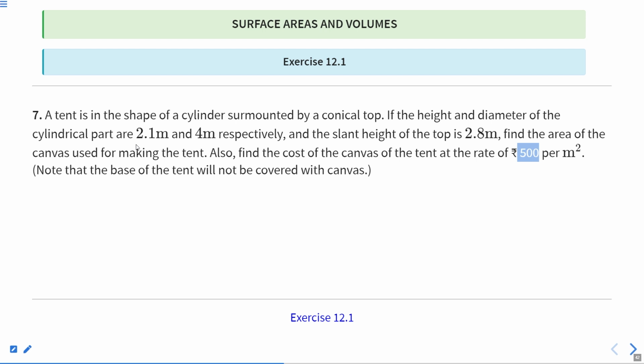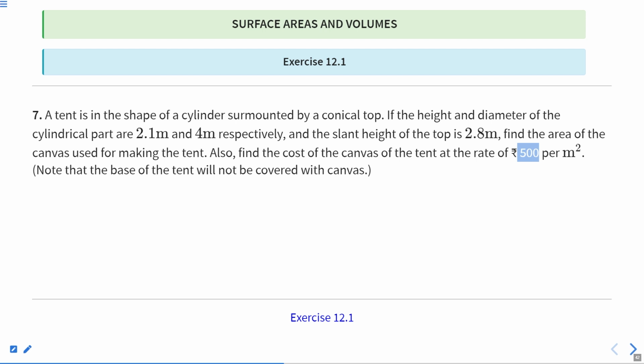which is in the shape of a cylinder surmounted by a conical top. And we are given some information: the height and diameter of the cylindrical part are 2.1 meter and 4 meter respectively, and the slant height of the top is 2.8 meter.